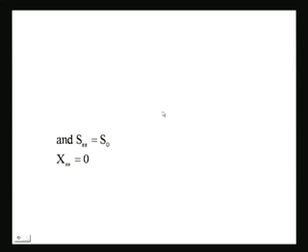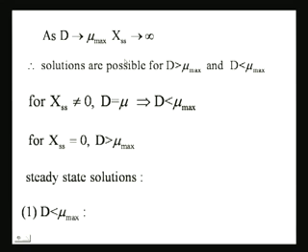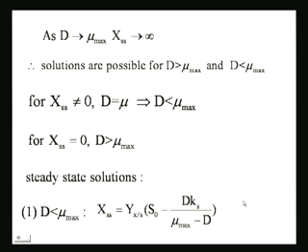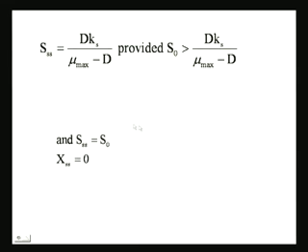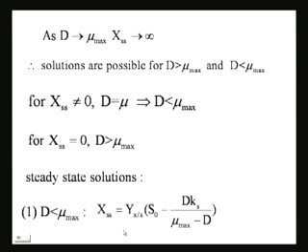Now, let us look a little bit at the mathematical side of it. If this is the case, that is D is less than mu max, then your steady state XSS I just gave you here is the steady state solution for the cell, and the first thing here is the steady state solution for the substrate. Do you need to write the steady state solution for the cell? I think you wrote it already, but if you want to, I will give you a few seconds.